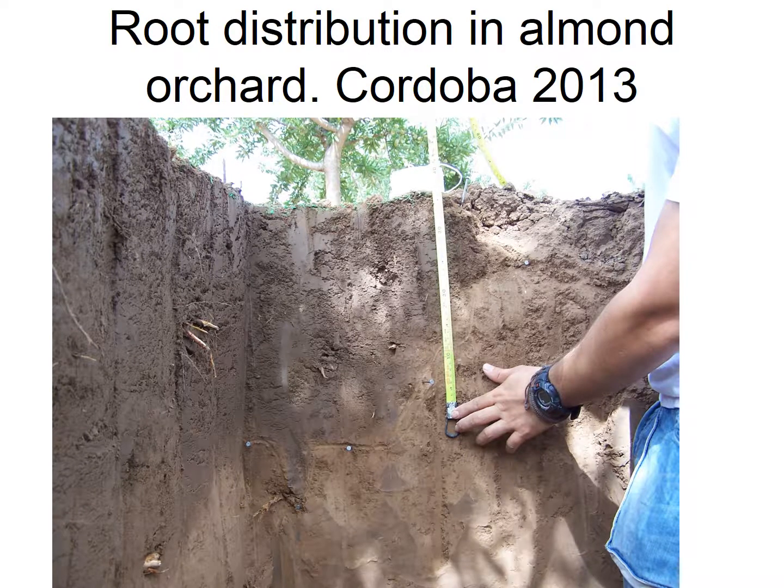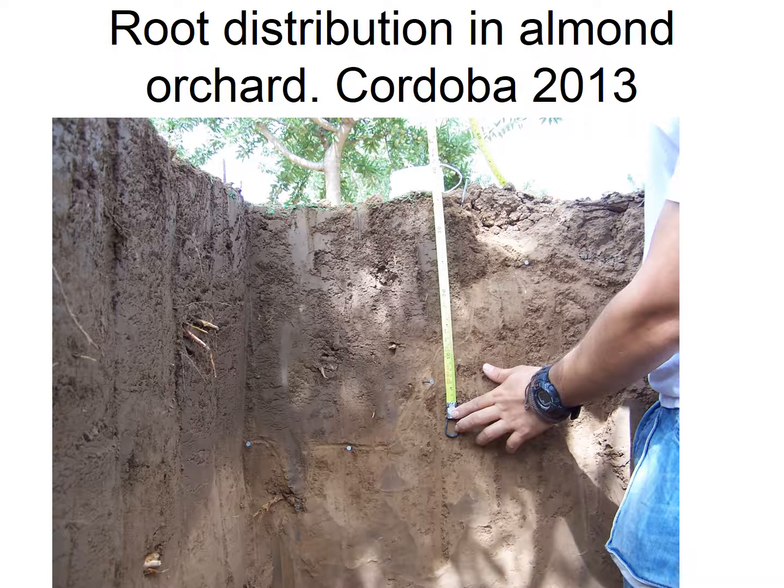Here we see an example of the root concentration below an almond orchard in Cordoba, and here we see the edge of the wet bulbs.